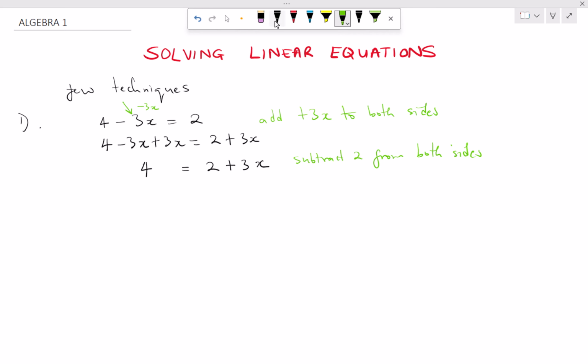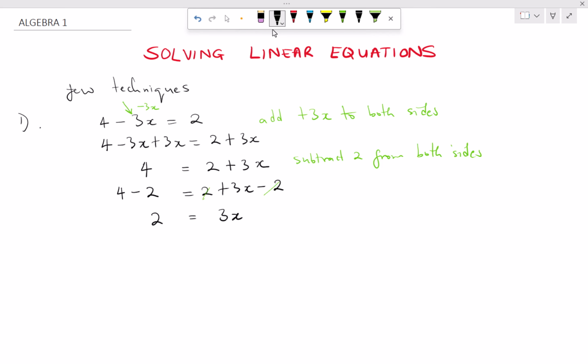When we do that, we remain with 4 minus 2 is equal to 2 plus 3x minus 2. These 2 minus 2 becomes 0, and 4 minus 2 becomes 2. Remember, 2 is equal to 3x.